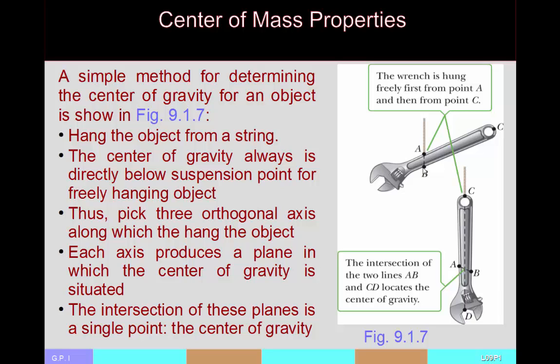So you suspend it along one axis, you draw a dotted line from where the rope is to the bottom of the object, straight down. Then you repeat a second time. You hang from another axis, you draw a second dotted line down, and where the 2 dotted lines cross, that's where the center of mass is going to be. Or if you have a 3D object, then you suspend from the 3rd axis and repeat once again. So where these lines intersect basically gives you that center of mass for the object.